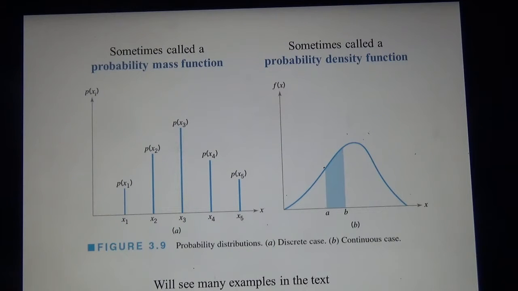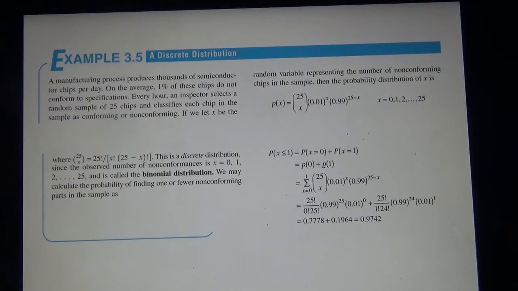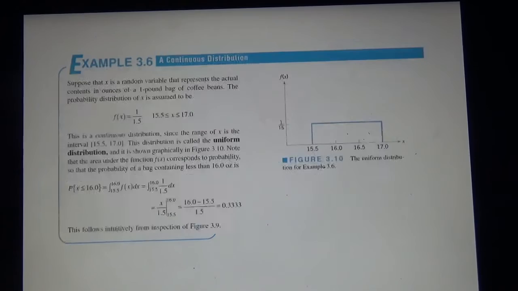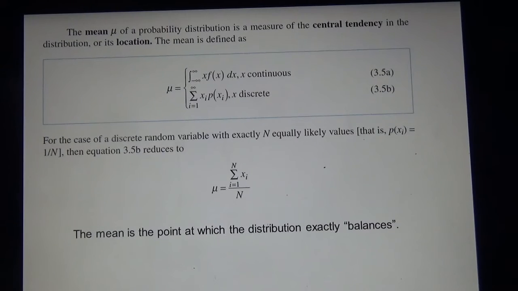Why do we draw this? These give us some idea about the population from the sample so that we can make guesses for the future. So there's an example, and again, another example.